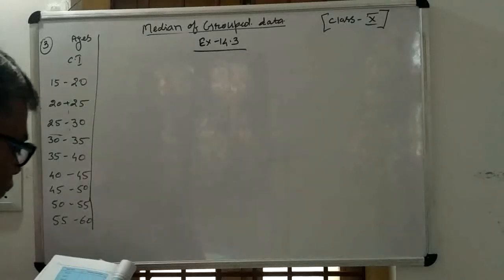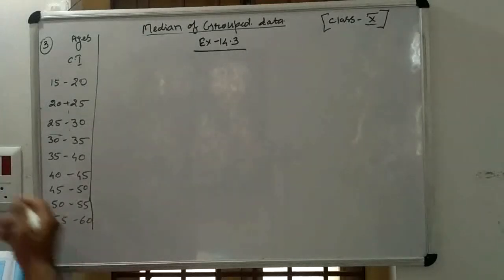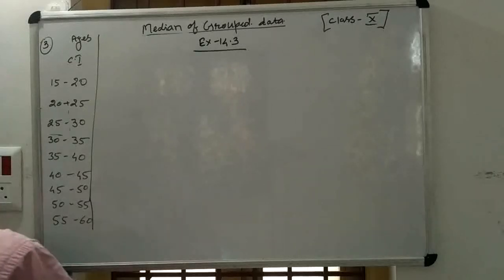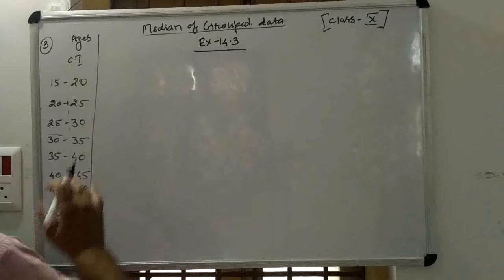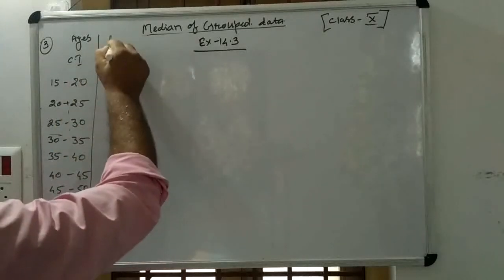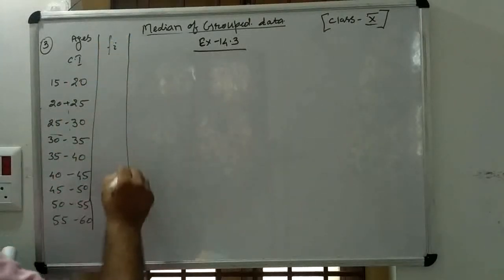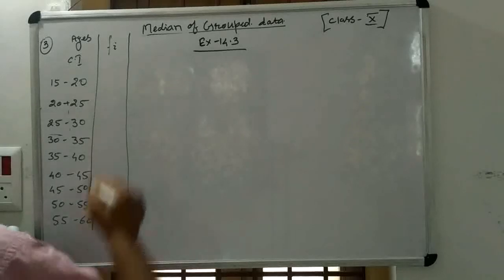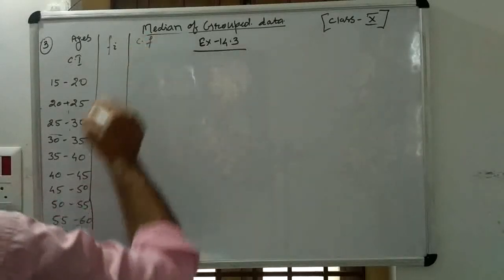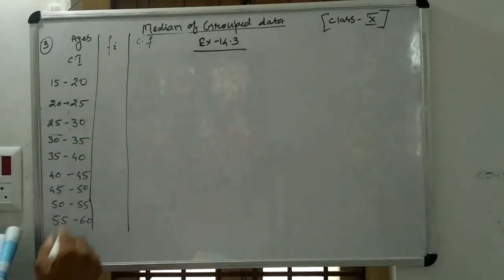Now the number of policy holders: 2, 6, 24. It is given as cumulative frequency. In this table, frequency is not given. You are given cumulative frequency, because cumulative frequency is always in ascending form.